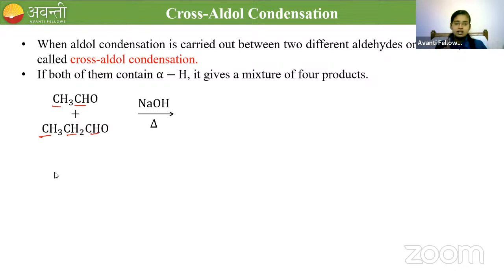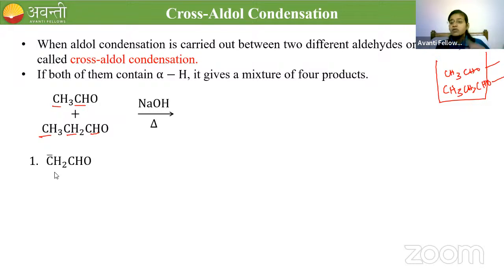The first combination is one molecule of CH3CHO reacting with another molecule of CH3CHO. In the container, we will have many molecules of CH3CHO and CH3CH2CHO, ethanal and propanal. We don't have only one molecule of each in the mixture; we have many molecules.